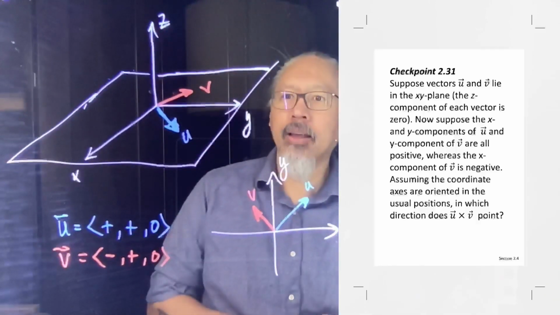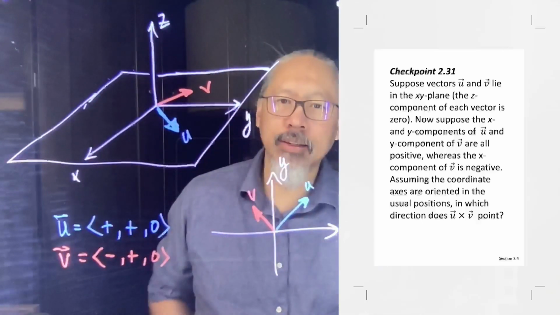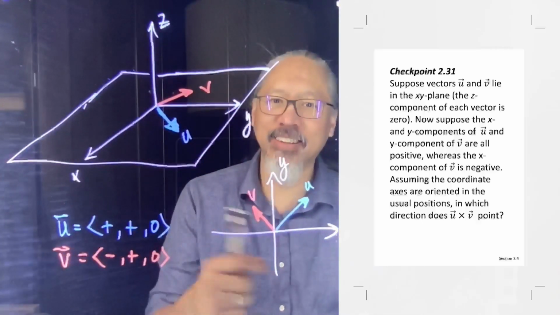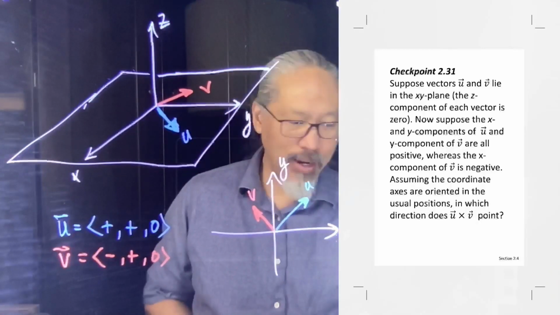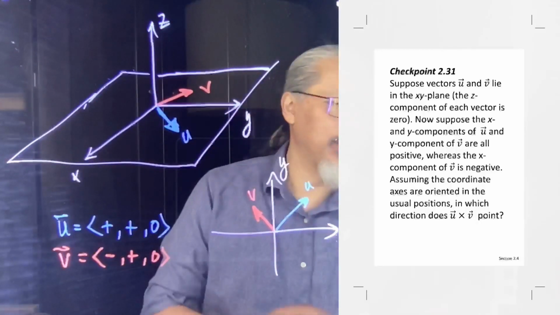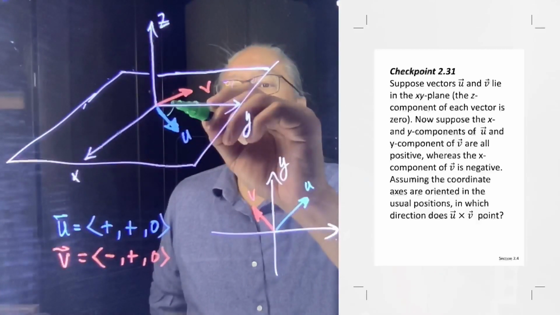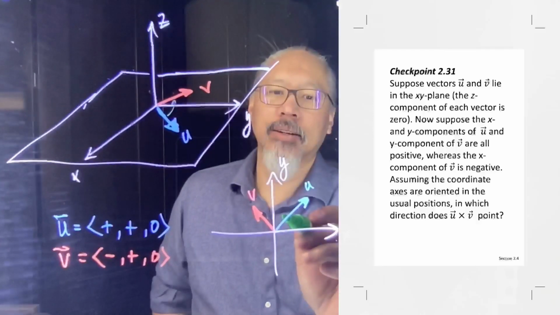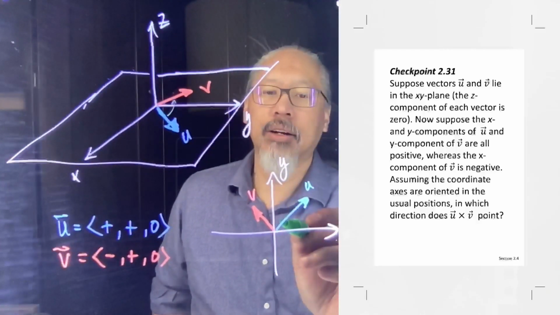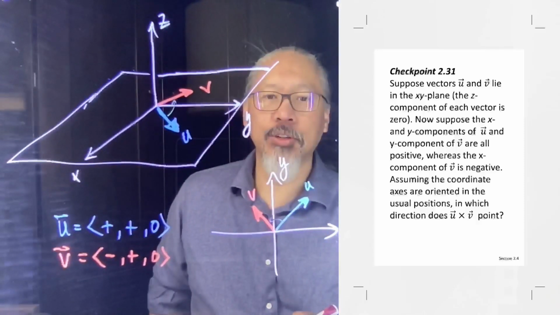Okay. Now, by the right hand rule, if I do the right hand, we would wrap our fingers around u first, and then going towards v. And so if we wrap our fingers around u and then v, our vector would be going towards you.